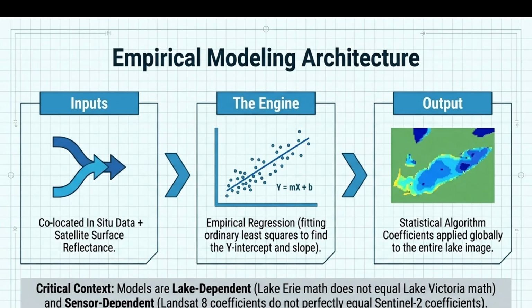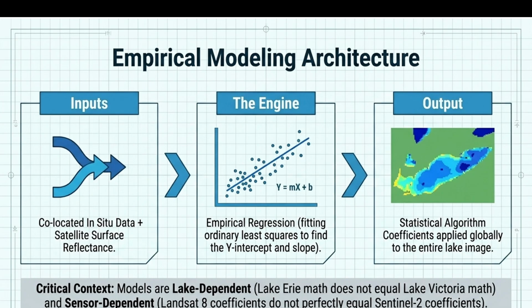I extract the reflectance value, suppose from Sentinel-2, for the same 8 locations. Further we apply the empirical regression model and identify the slope value and intercept value. And this model we further apply on our imagery and get the whole area, the whole lake water quality map.